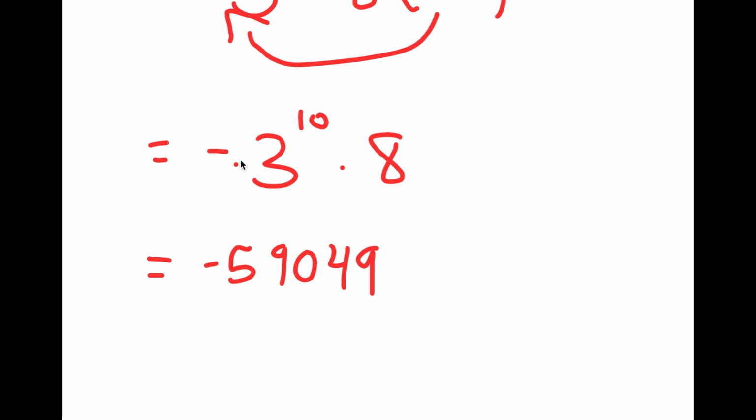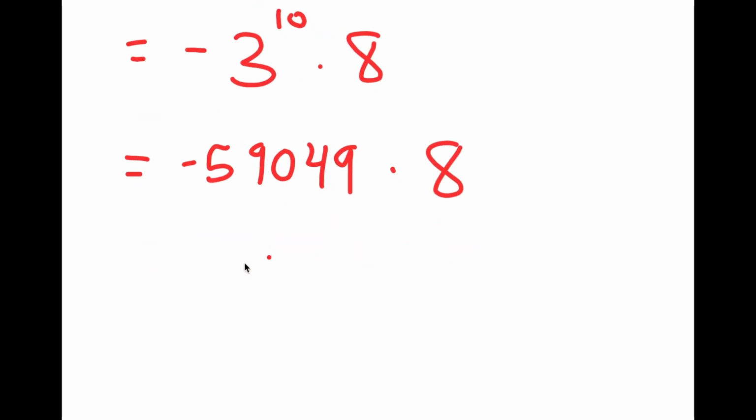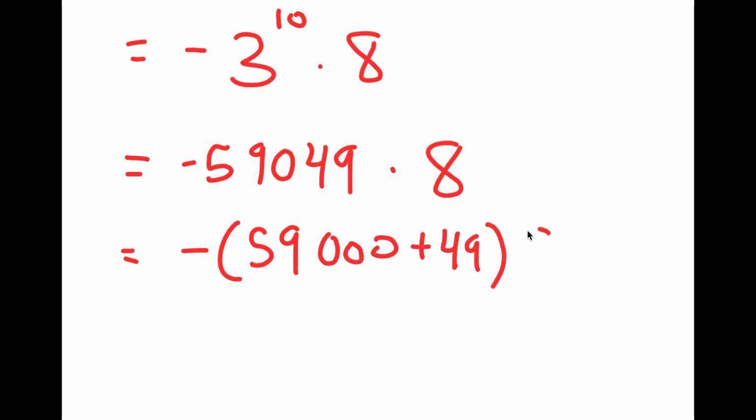And this is going to be negative because of this negative sign. And now I have this times 8. Well, instead of just simply trying to multiply 59,049 by 8 like this, there is a simpler method. What I can do is rewrite 59,049 as 59,000 plus 49, and now distribute the 8.